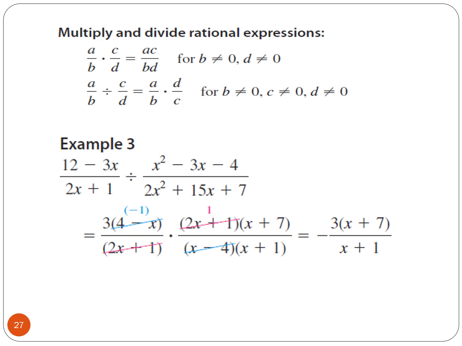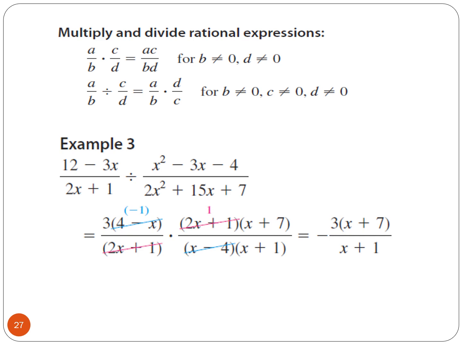You can cancel it from the numerator and denominator. So you are left with, the negative sign, you can write it in front of the fraction. So you are left with minus 3 times x plus 7 divided by the only factor left in the denominator, which is x plus 1. If you remember the rules about multiplication and division for numbers, the same rules apply when you're working with algebraic expressions.